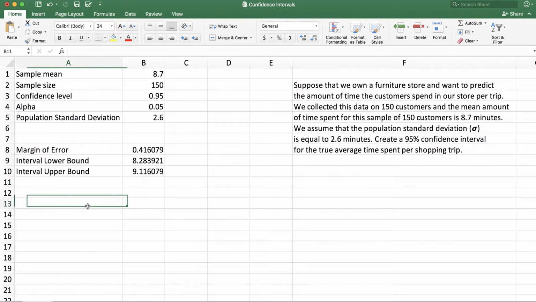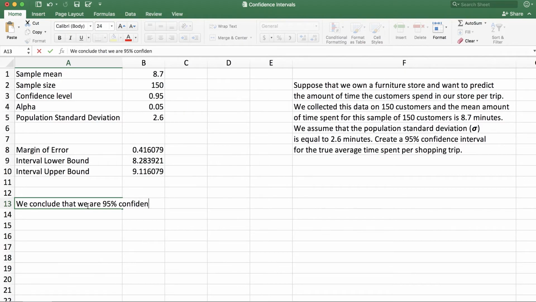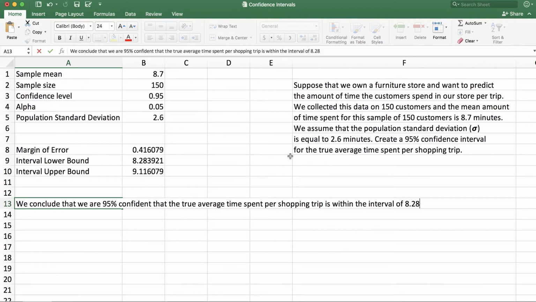So based on these calculations, what we are going to say is that we conclude that we are 95% confident that the true average time spent per shopping trip is within the interval of 8.28 and 9.12.